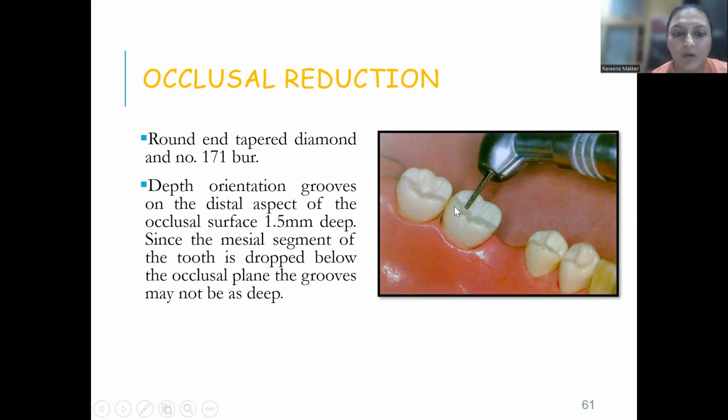Since the mesial segment of the tooth is dropped below the occlusal plane, the grooves may not be as deep. Okay, this is the depth orientation groove just placed on the distal aspect of the occlusal surface.